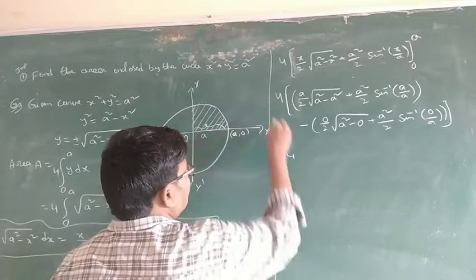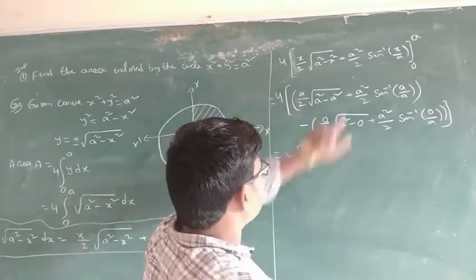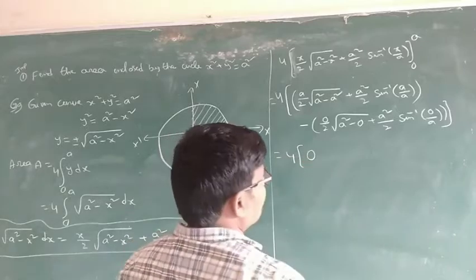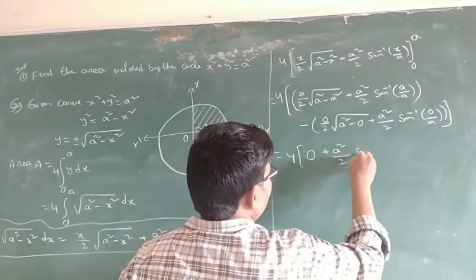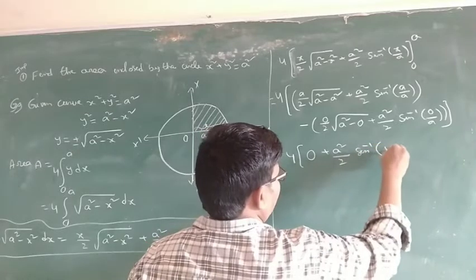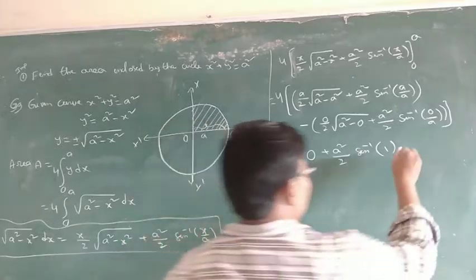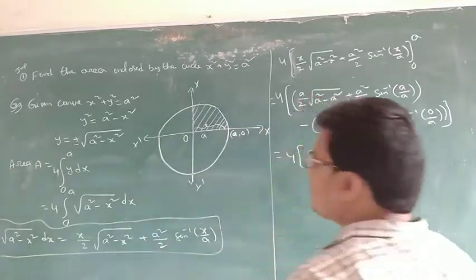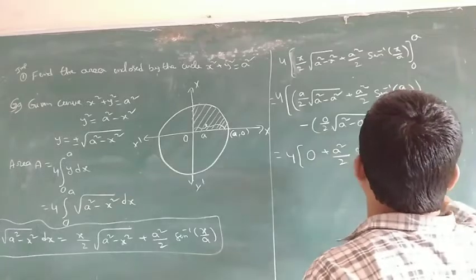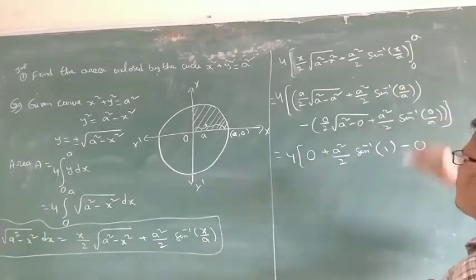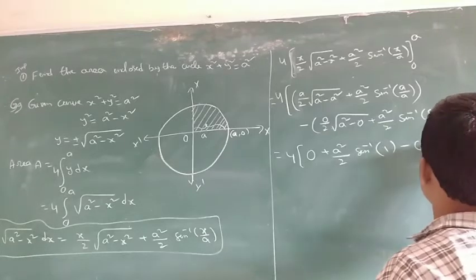So that is equal to 4 into a square root 0, which is 0, plus a square by 2 into sin inverse of a by a, which is 1, minus 0 by 2 is equal to 0. 0 into anything is 0. 0 by a is equal to 0. Sin inverse 0 is 0.